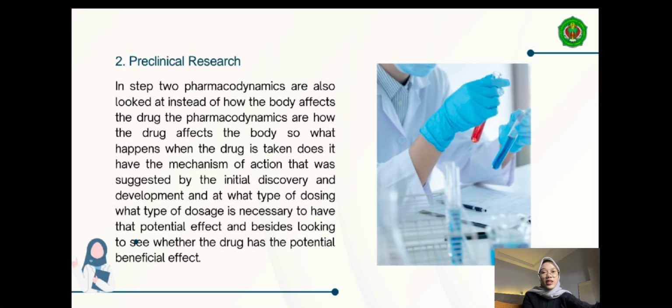And the second is preclinical research. In step 2, pharmacodynamics are also looked at, as opposed to how the body affects the drug. The pharmacodynamics are how the drug affects the body. So what happens when the drug is taken?